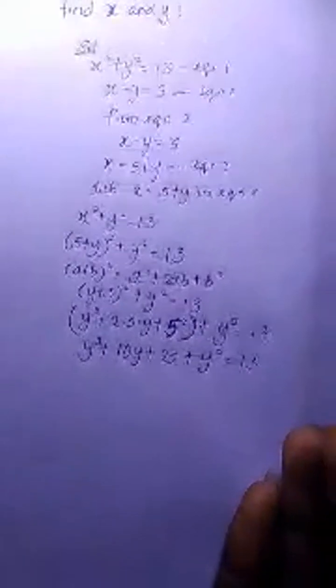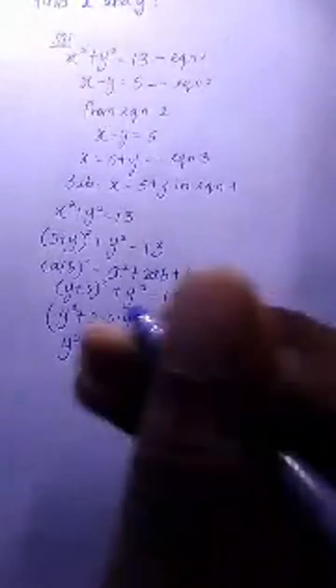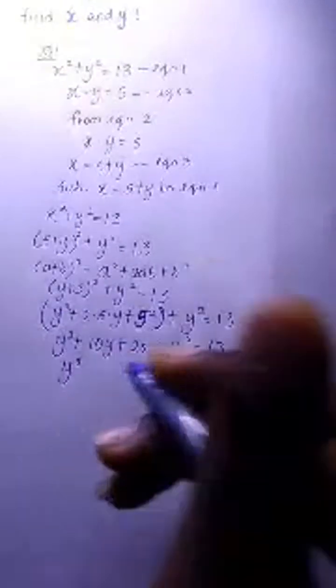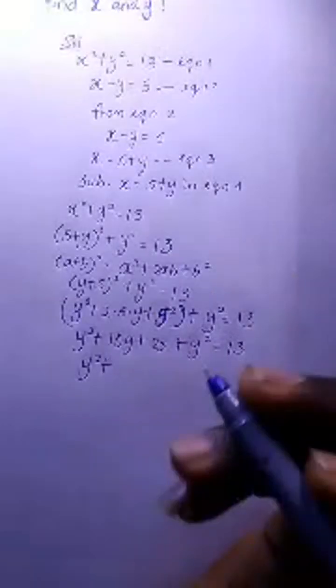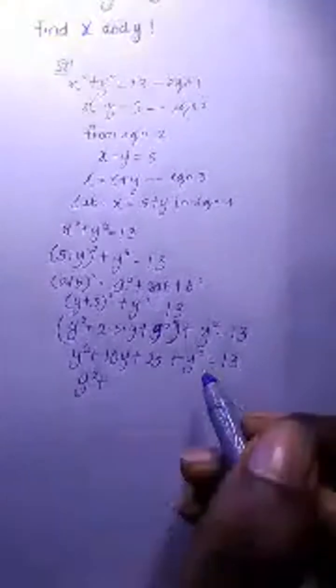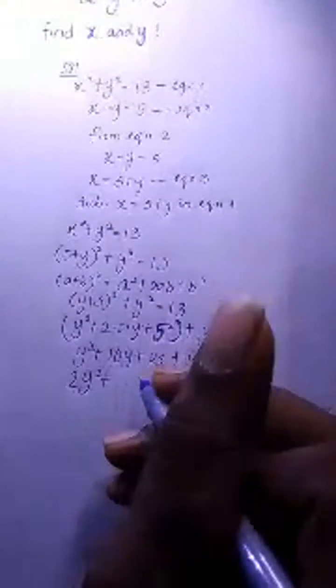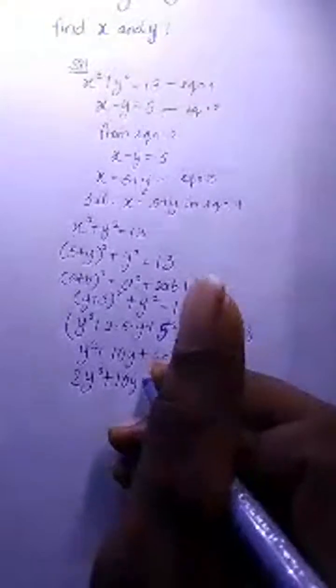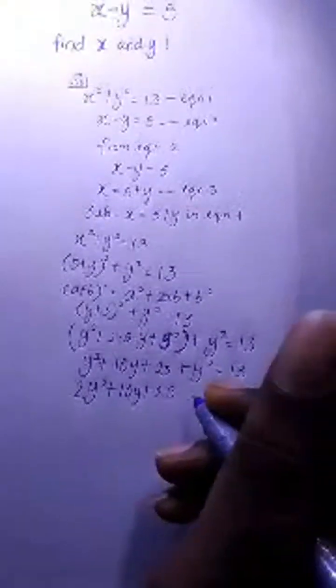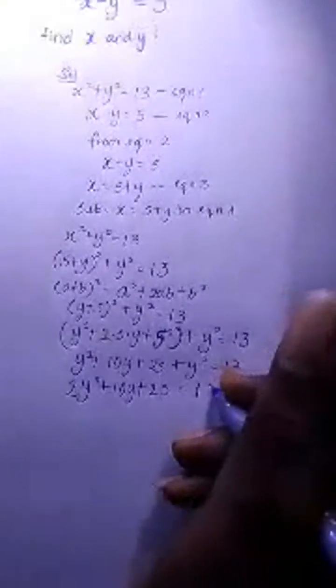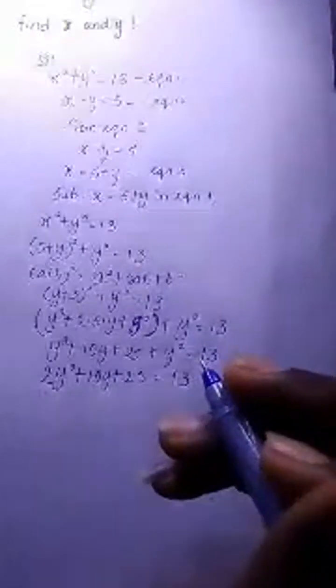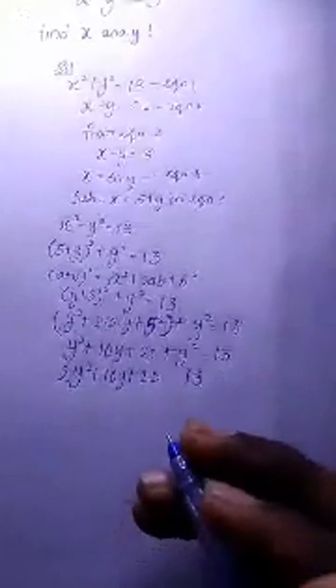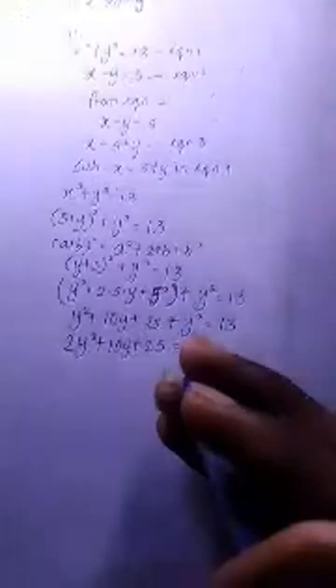From here, y squared plus y squared gives us 2y squared plus 10y plus 25 equals 13. What's the next thing to do?